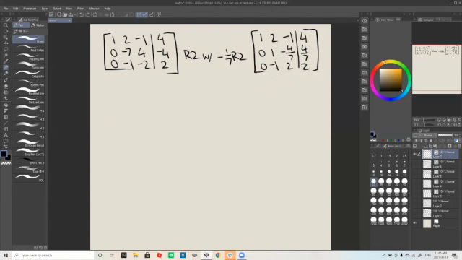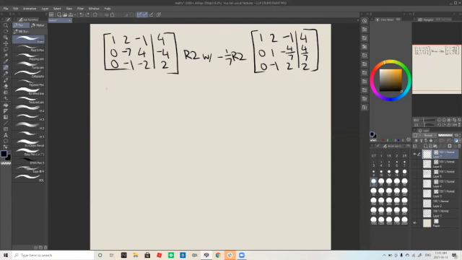So what we can do is replace row 3, since this is 1 and this is -1. If we add them, then they instantly become 0. So we can just simply add the 2 rows.